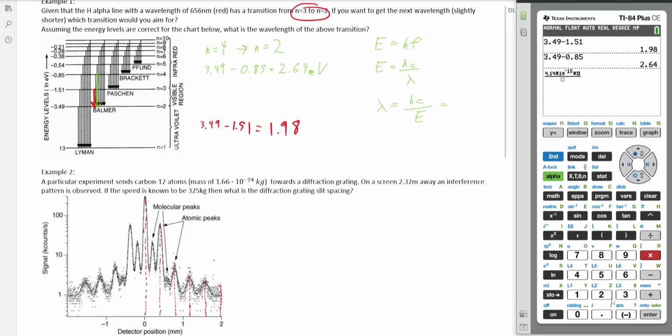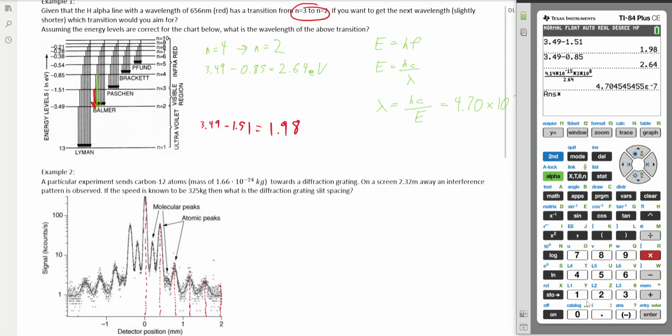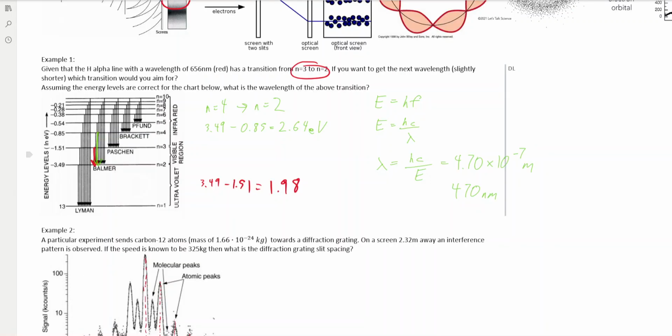Otherwise, we're going to have a real pain in dealing with that. Our energy was 2.64, and so our wavelength is 4.70 times 10 to the negative 7 meters. Keep in mind this is meters, so if we want nanometers, we multiply by 10 to the 9. So it's 470 nanometers. Okay, actually what I'm reading online here is that it's just at the start of blue.